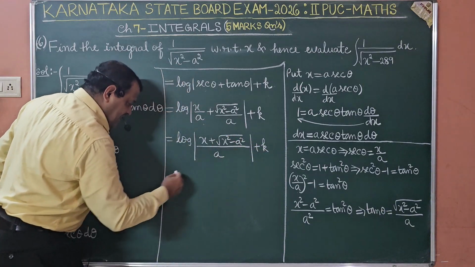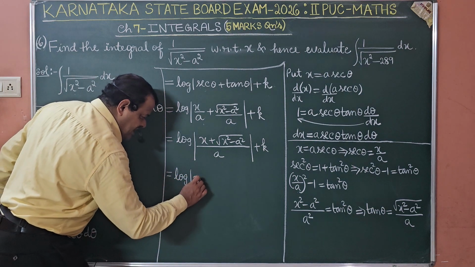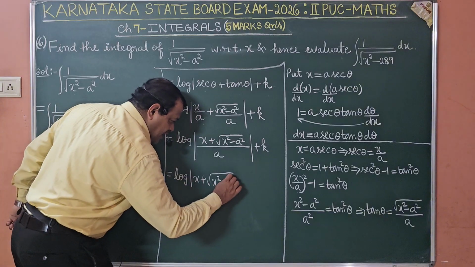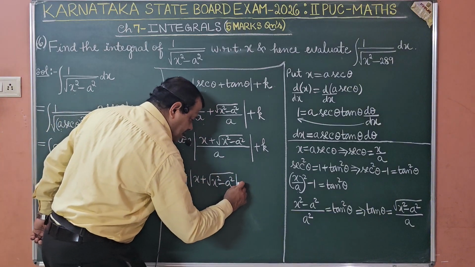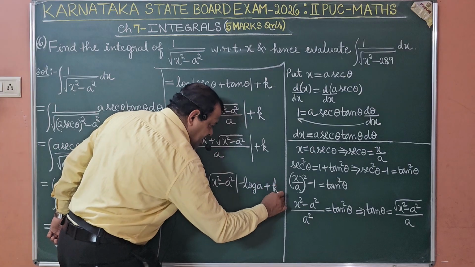This we apply the second law of logarithms. The log of the numerator x plus root of x square minus a square, and this is minus log a plus k.